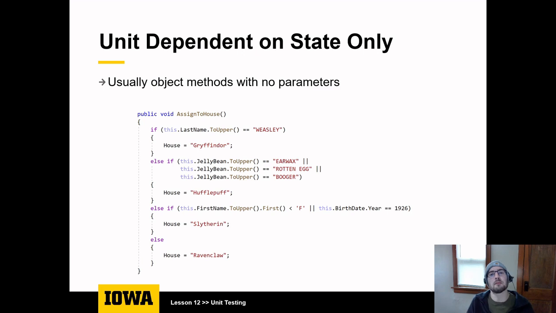Our Student object holds some data, it has some state: last name, favorite jelly bean, first name, birth date. It has this data that's part of it, and then it also has this method that takes in no parameters, and that's what it uses to perform its calculation, to do its thing. Okay, so units that are dependent on state only.